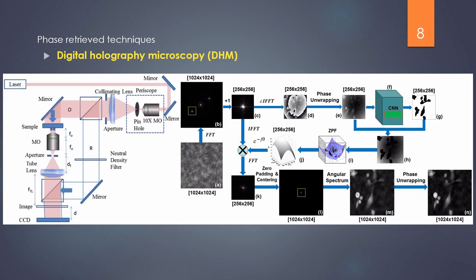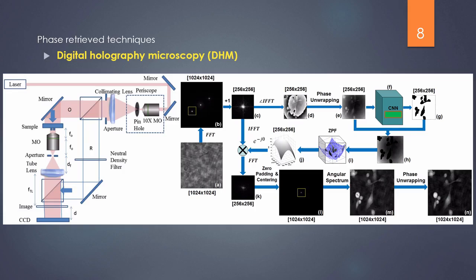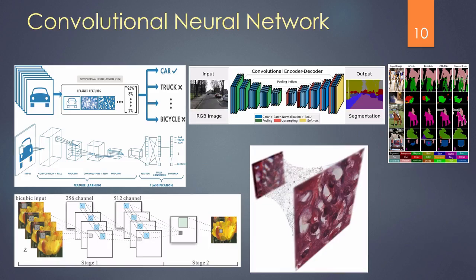It can learn directly from one image to convert it into the phase image. This is one of the experiments I want to talk about. In another experiment, when I have multiple diffraction intensity images, I also reconstruct the 3D refractive index. So there are two experiments I would like to introduce.